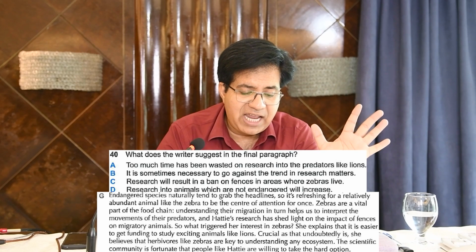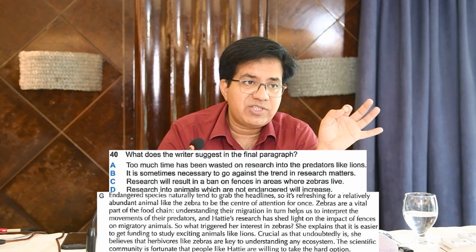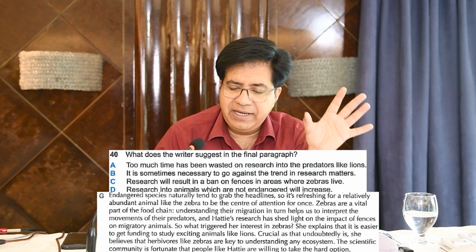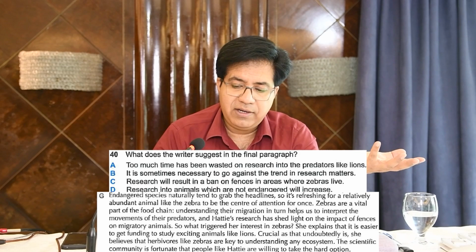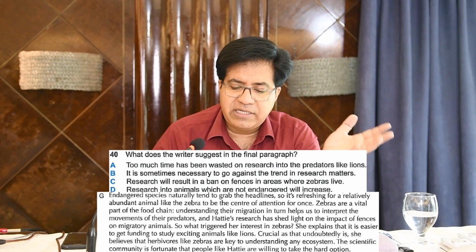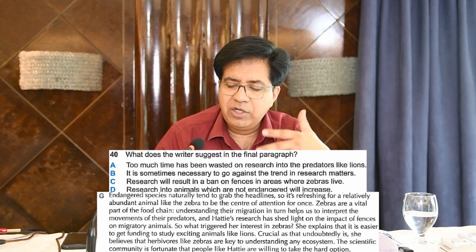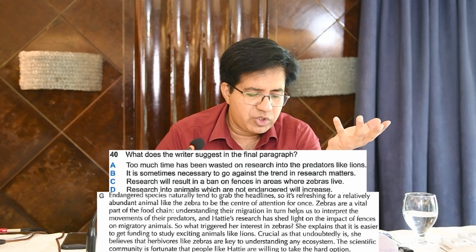Come back: endangered species naturally tend to grab the headlines. That is the trend. So it is refreshing for a relatively abundant animal like the zebra to be the center of attention. So it is sometimes necessary to go against the trend in research matters. B will be the right answer. Okay? All right.